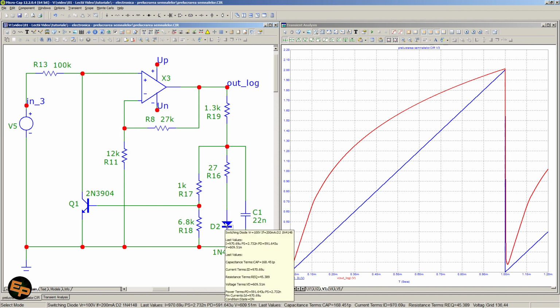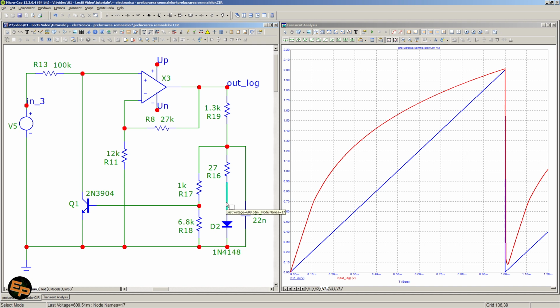Now the voltage of the diode itself most often is not enough to properly control a bipolar transistor.